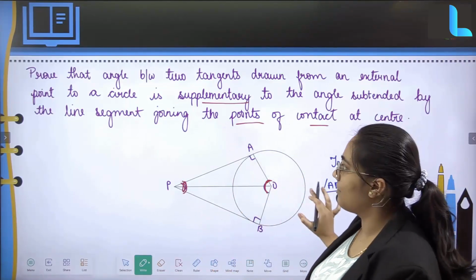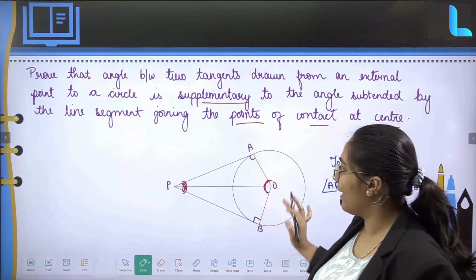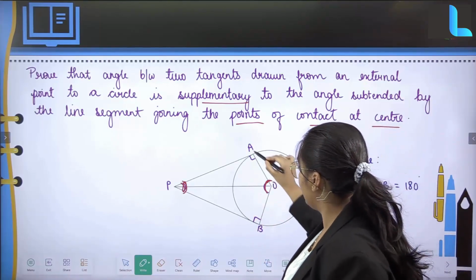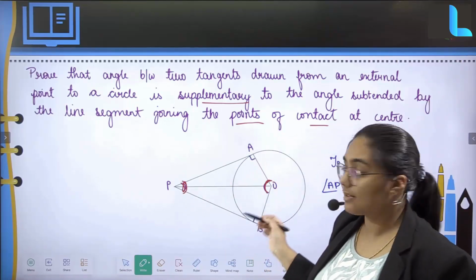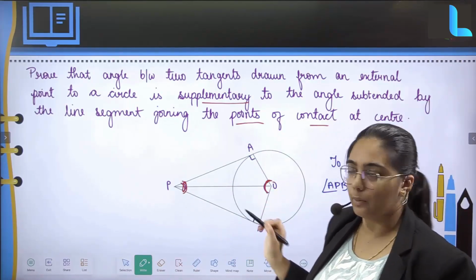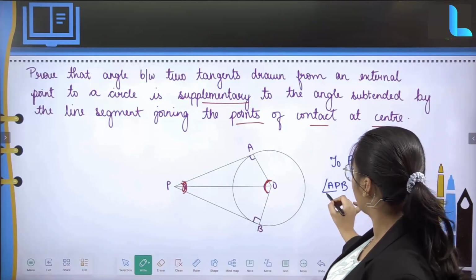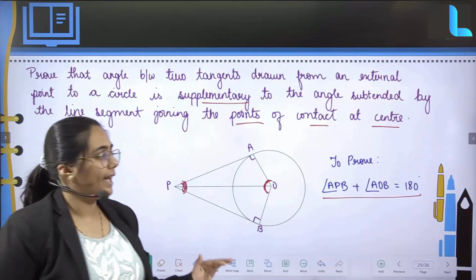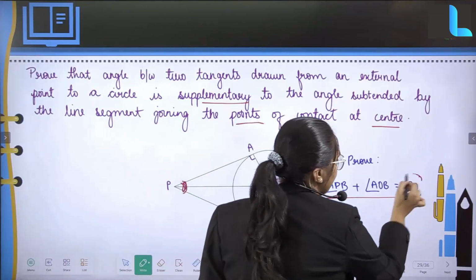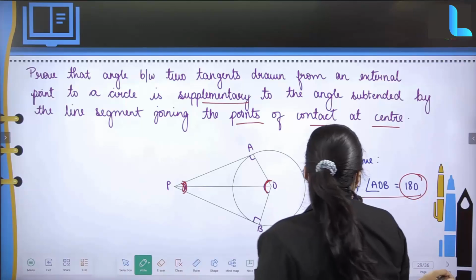This is just the same thing wherein you have to prove it. How will you get that? That is, the sum of angle AOB and angle APB has to be equal to 180 degrees. See, you have to prove that angle APB plus angle AOB is equal to 180 degrees. So this is what we have to prove.